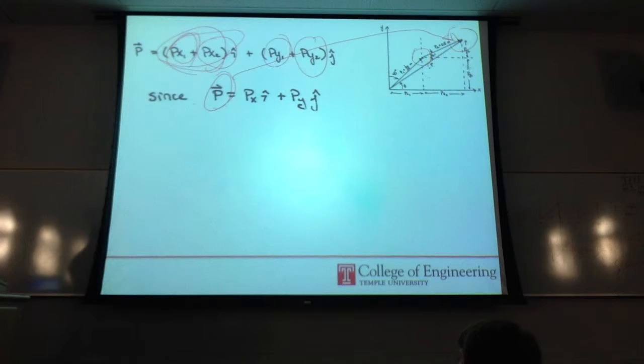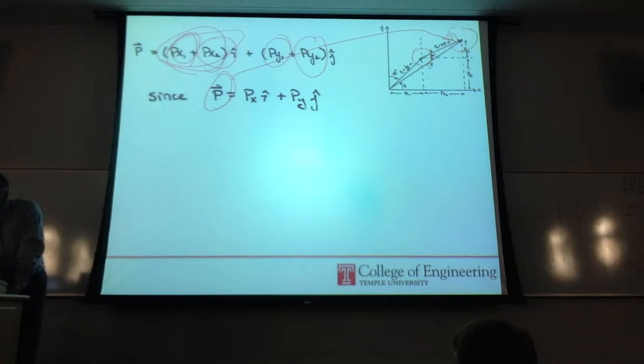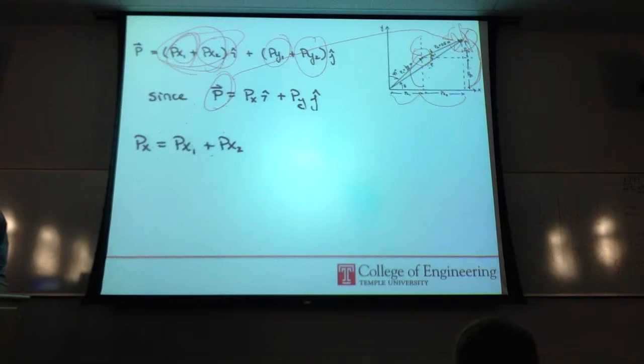So physically, what does that mean? Physically, we are simply saying that the x-coordinate of that position is the summation of these two. And the y is the summation of these two. So simply comparing these two together, px, which is the x-coordinate of the new vector, is the summation of these two numbers.